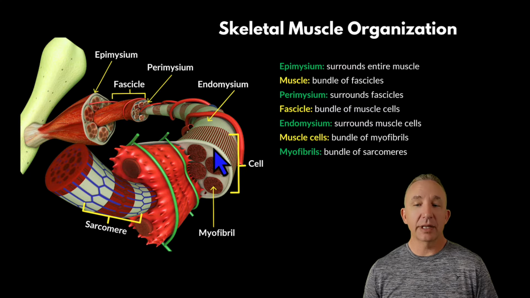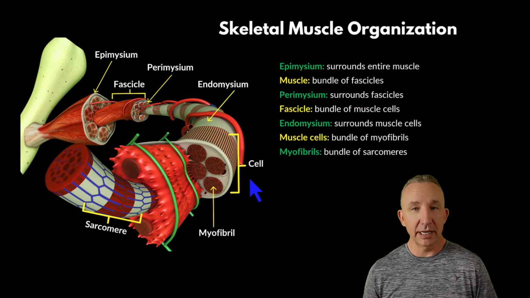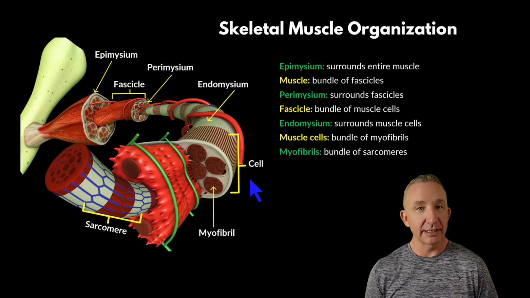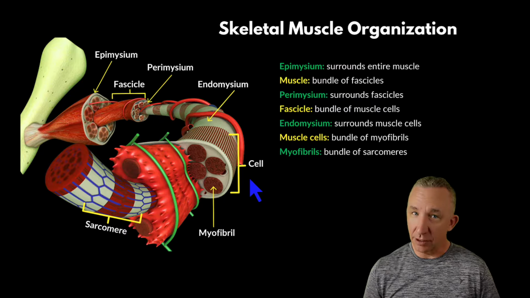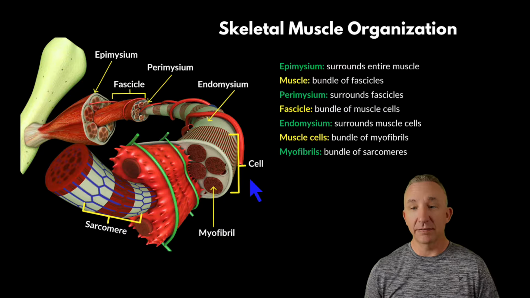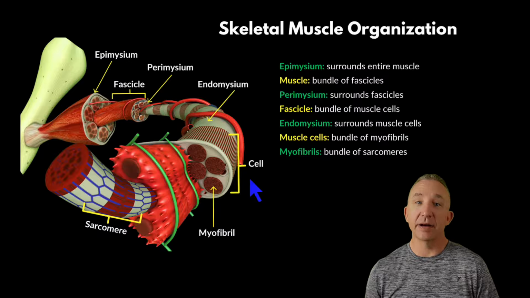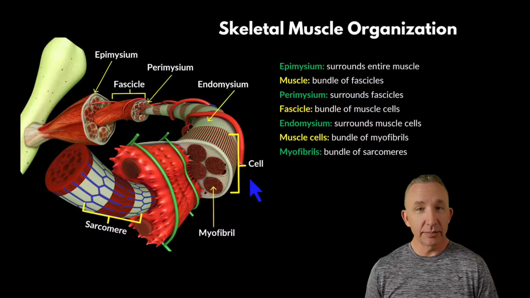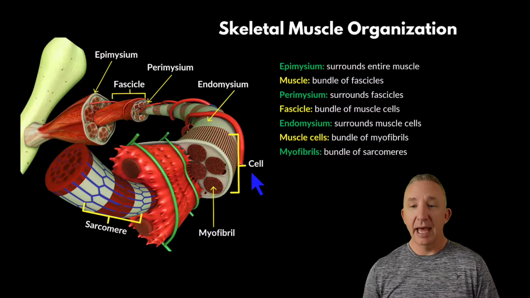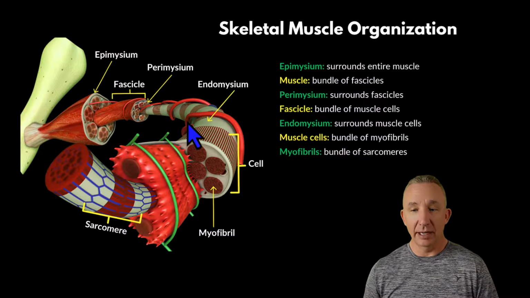A lot of students will then ask about, when we look at a cell, remember a cell has a cell membrane or plasmalemma, and we call that the sarcolemma. So sarcolemma is just the fancy name for the cell membrane of a muscle cell. So I take one muscle cell that includes the boundary of the cell, the sarcolemma, and then I wrap it with endomysium.